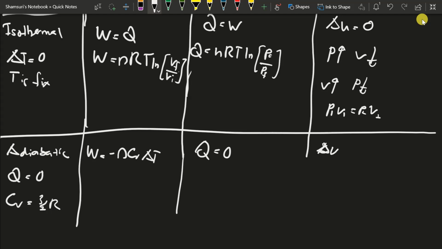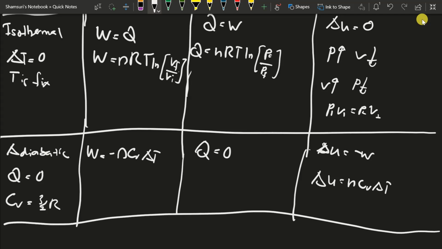Delta U is minus W, or we can calculate delta U as equal to n Cv delta T. Okay.